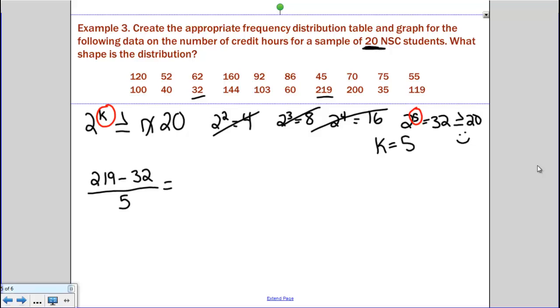Well, 219 minus 32 is 187. Divide that by 5, and we get an ugly number of 37.4. Remember before I said that we need to have a width that's easy to count by, and I am not trying to count by 37.4. But we can round this up to a multiple of 10, which is easy to count by, and that would be 40. So that is going to be our group width.